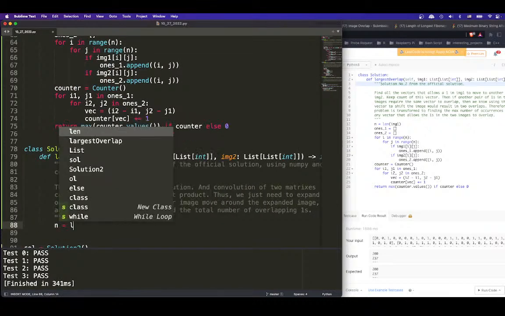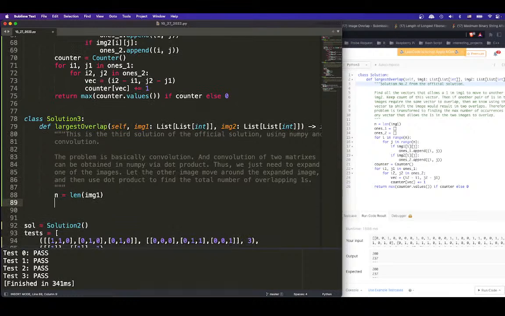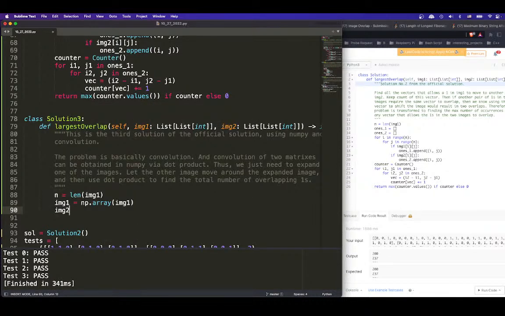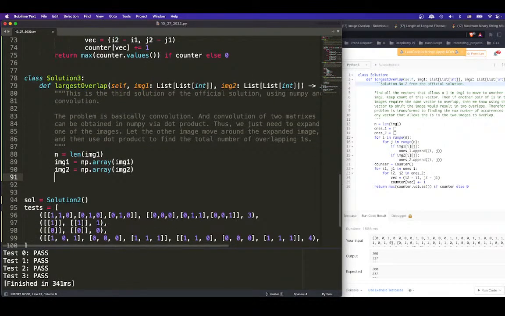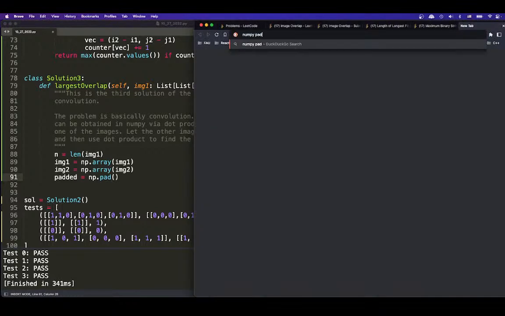Okay, n equals len image 1, and image 1 equals numpy dot array image 1, image 2 equals numpy dot array image 2, right? So as we get these two, we're going to say padded equals numpy dot pad. Actually, I don't know, so I'll have to check numpy dot pad.